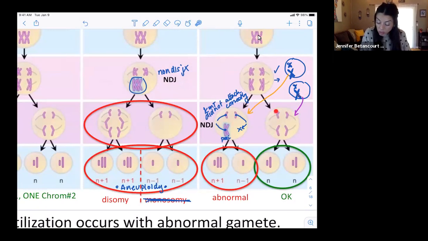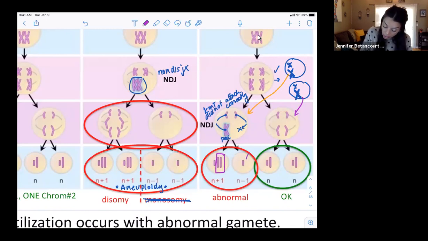Perfect. Okay, so we're not going to worry about this because this happens normally, so it's going to produce 2 normal gametes. But in this one, oh man, the kinetochores didn't attach correctly. So when you pull them apart in meiosis 2, shoot, one of the gametes is going to have disomy, chromosome number 1.